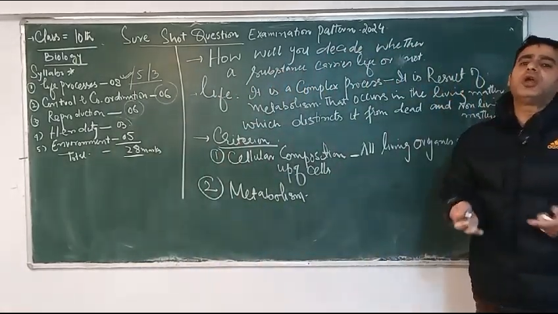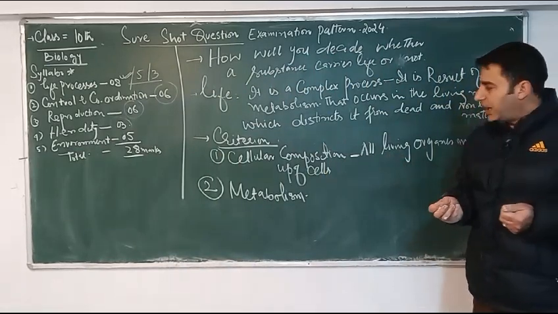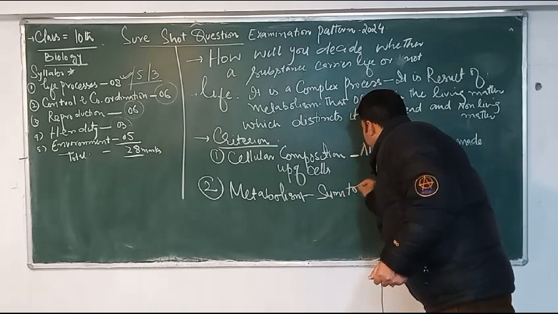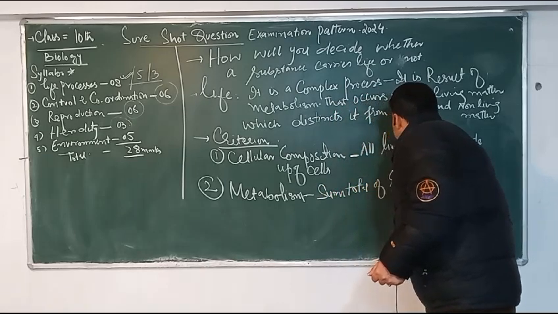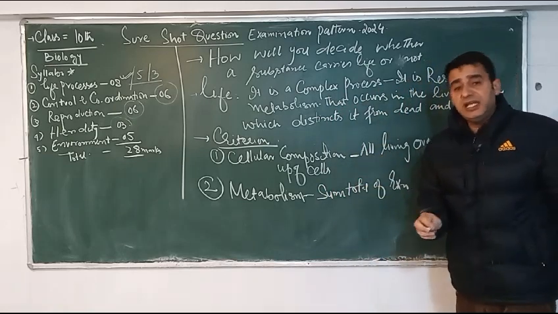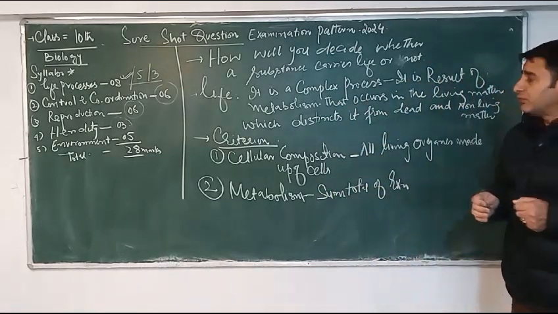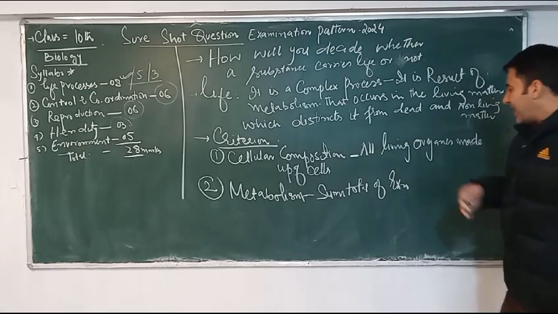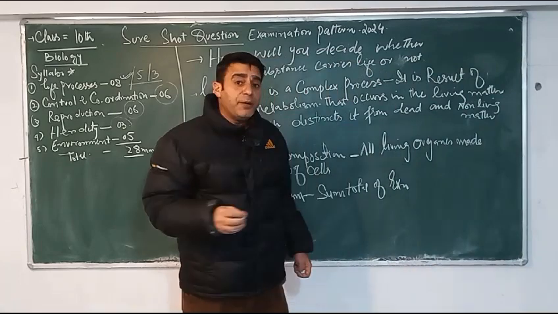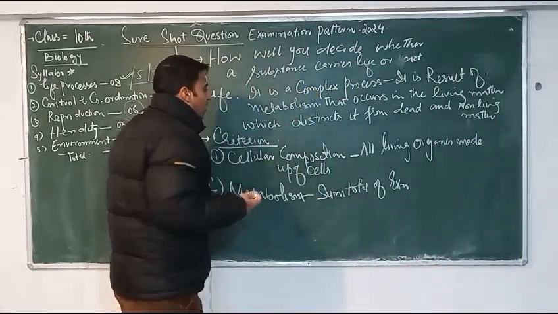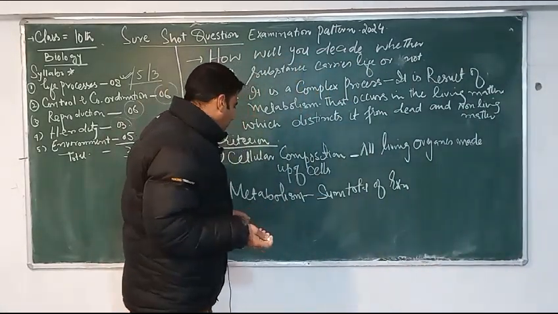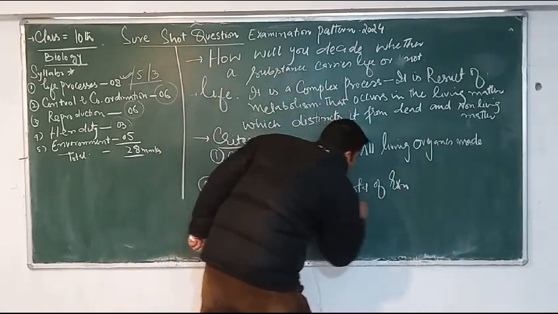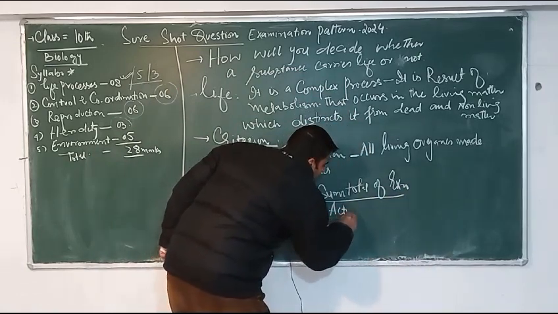It is the sum total of reactions that occur in living matter, which distinguishes it from dead and non-living matter. We sum it up as the active life processes. That is what our chapter is about.